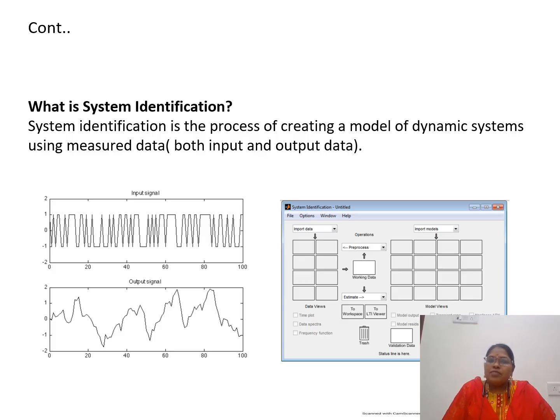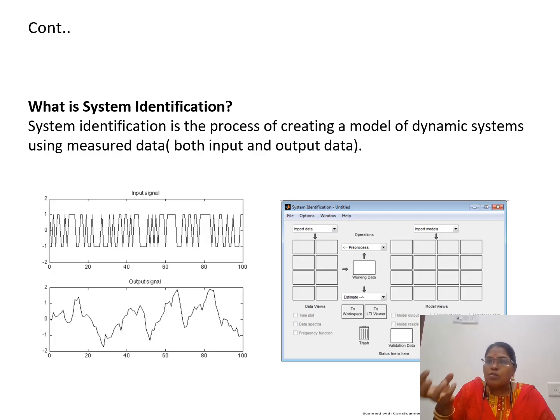What is system identification? It is the process of creating a model of a dynamic system using the measured data. Here you can see the diagram. This is your input signal and this is the output signal. These input and output signals can be taken from any system. For example, if you take a distillation column, you can get the input data and collect the output data.